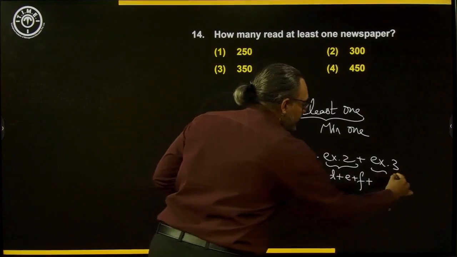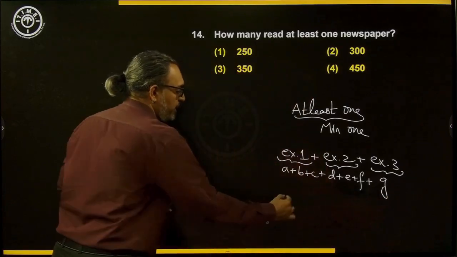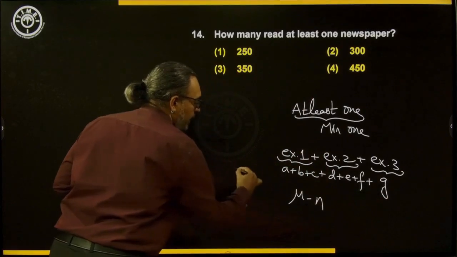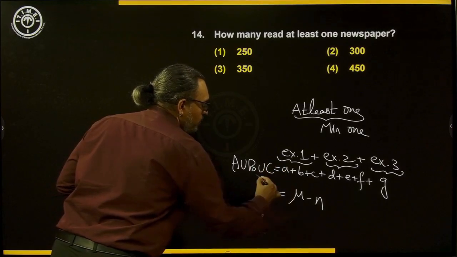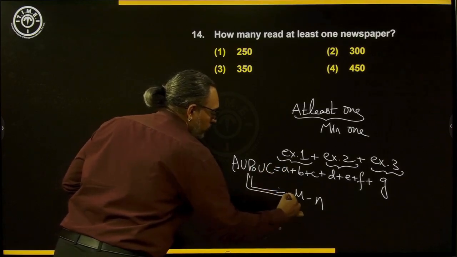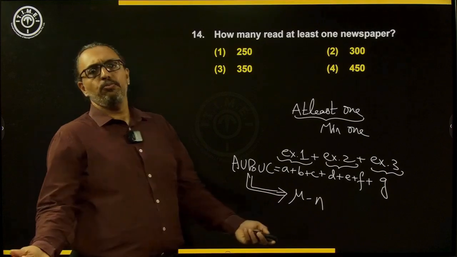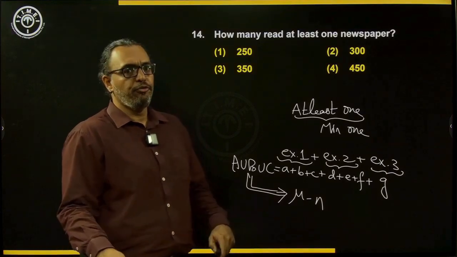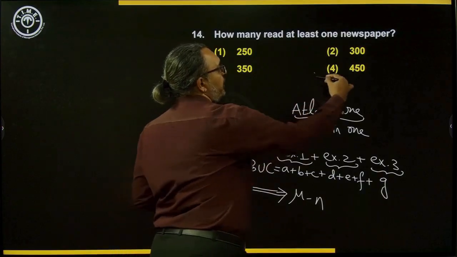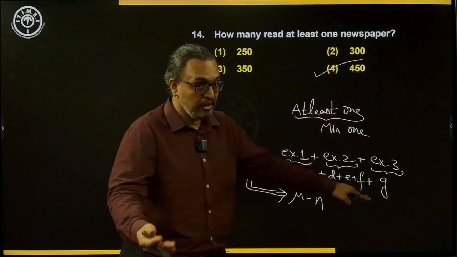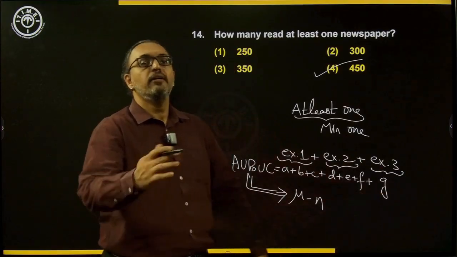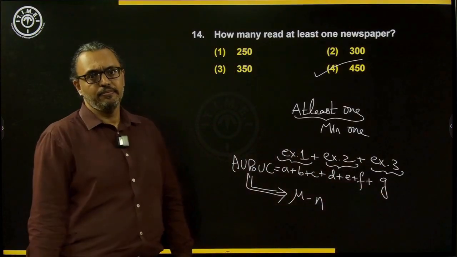And exactly 3 is nothing but G. So basically, in other words, it is mu minus N, which is A union B union C. So you can do it as mu minus N also. So we know mu 500, we know N 50, 500 minus 50, 450. Or you add them, ABC is 200, DEF is another 200, G is 50. That is also 450. Correct?